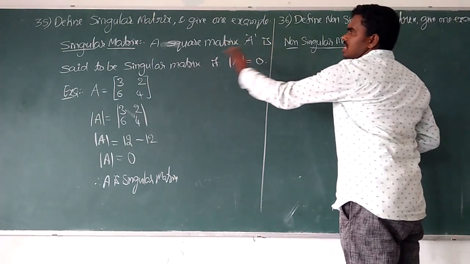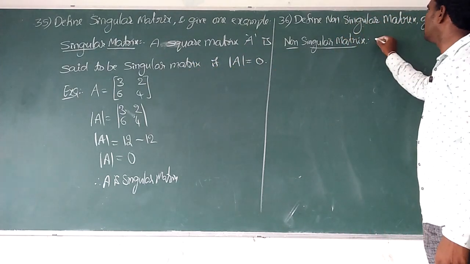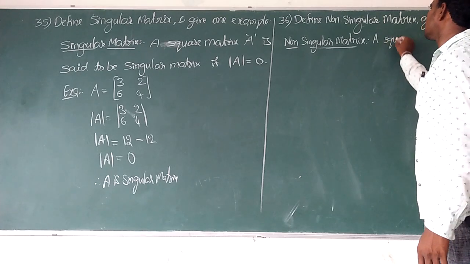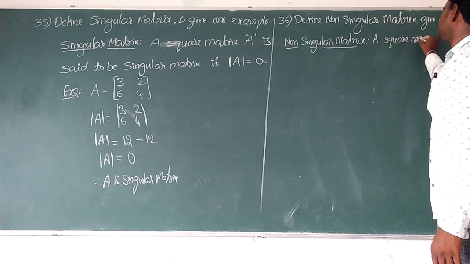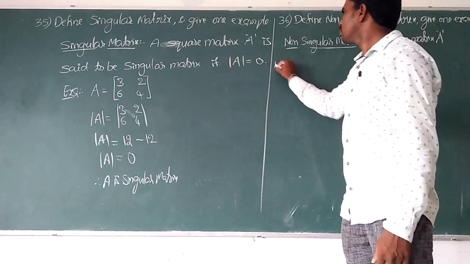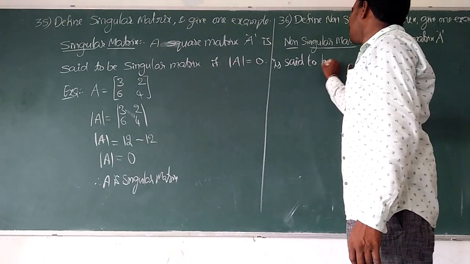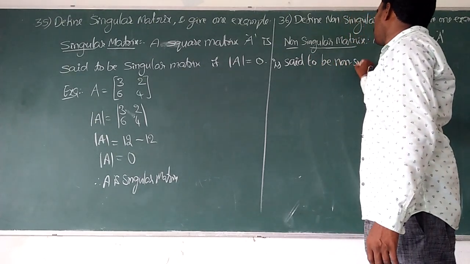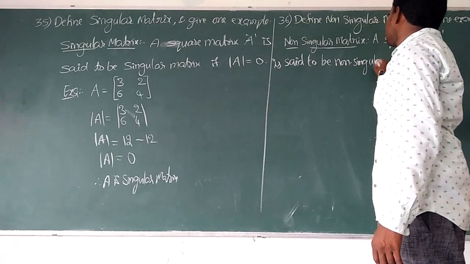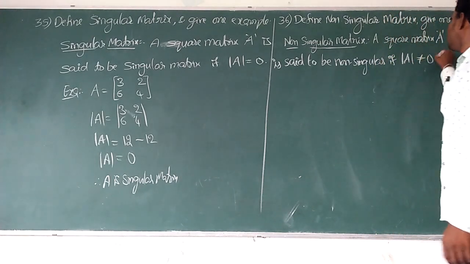A square matrix capital A is said to be non-singular if det A is not equal to 0.